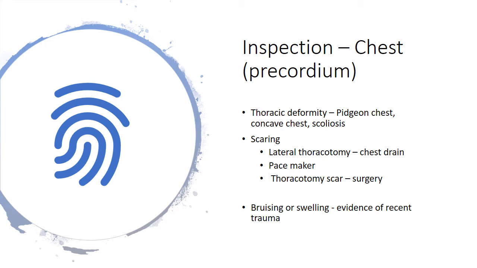We also want to observe for any scarring, so we can ask the patient to lift their left and right arms up separately so that we can inspect each side of the chest for any previous scarring from lateral thoracotomy. We want to observe for any signs of pacemaker or other signs of surgery, such as a surgical thoracotomy scar. While we're observing, we need to specifically inspect for any bruising or other swelling that might be evident as a result of traumatic injury.